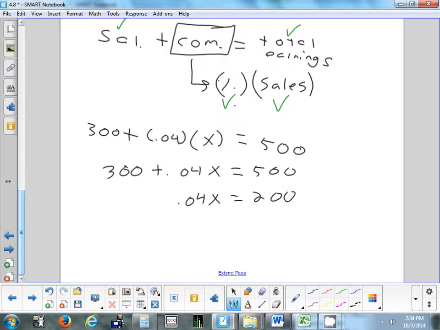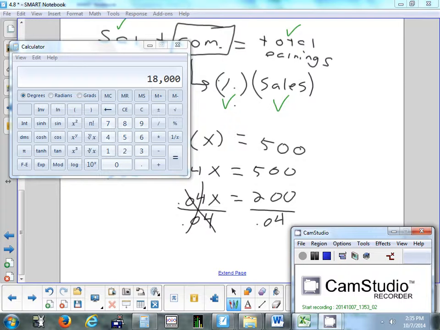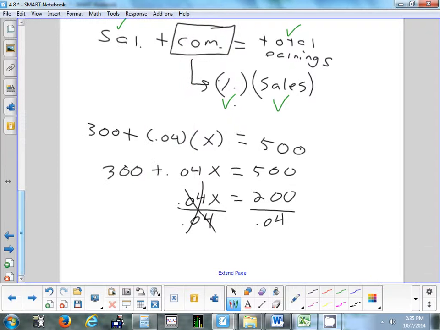And what's my last step? Divide by 0.04. And you get 5,000. Okay? Let's take a look. All right, so to finish that up, you're going to take 200, divide by 0.04, and you get 5,000. What should be my label on that? Dollars in sales.